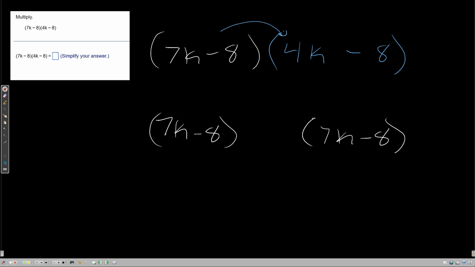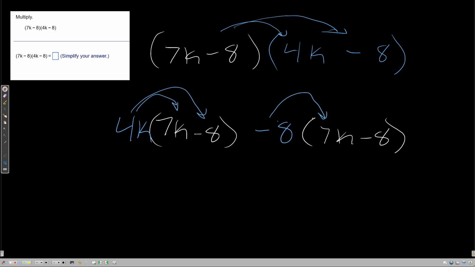And when it distributes into the 4k, then I'll have times 4k, and when it distributes into the minus 8, then you'll have that thing in the white writing times the minus 8. Okay, well then you have 2 more distributions that you could do. This distributes here, and the minus 8 distributes here and here.